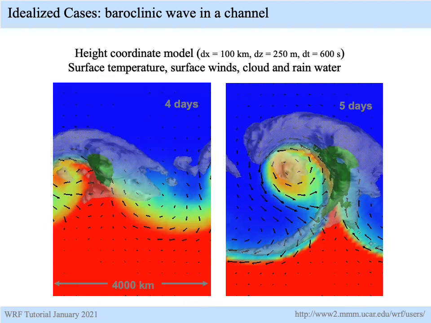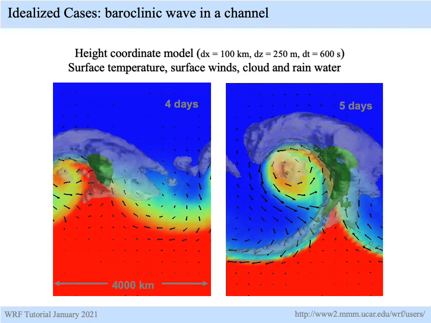The initialization is an unstable baroclinic jet that has no variation in the X direction, but a perturbation is placed on top of that jet to produce the classic baroclinic wave that forms over the space of several days. Depicted in the plots here are the solutions at day 4 and 5. We're looking at the low-level temperature fields with the warm air depicted in the red colors, the warm colors, and the cold air in the blue colors, the darker colors.